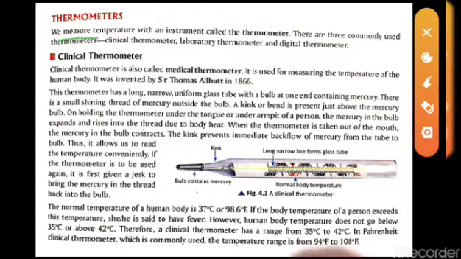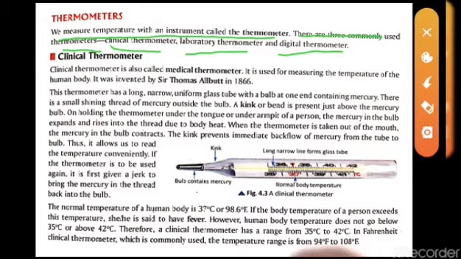We measure temperature with an instrument called the thermometer. That means the thermometer is the instrument with which we measure the heat, the hotness or the coldness of a body. There are three commonly used thermometers: the clinical thermometer, the laboratory thermometer, and the digital thermometer.